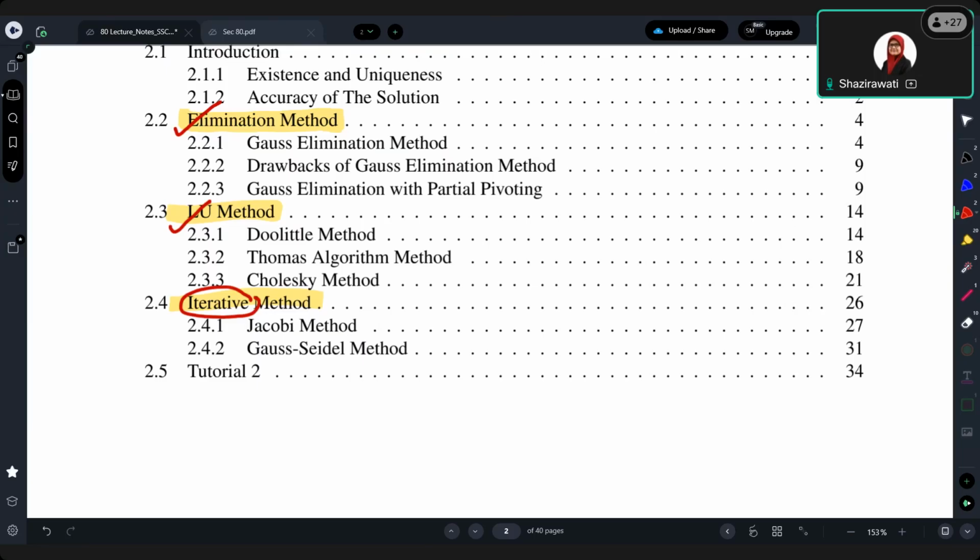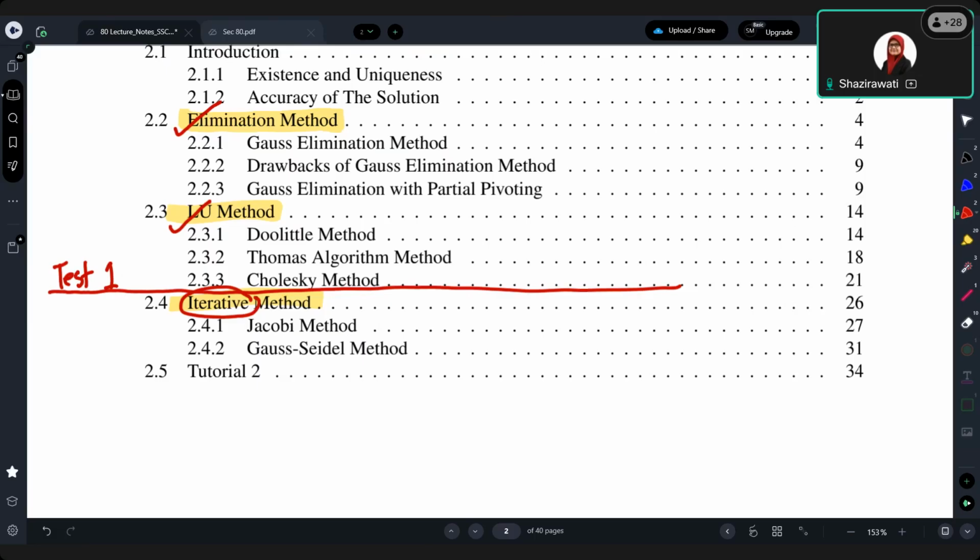Kalau you tengok poster yang saya dah bagi for test 1, your test 1 basically up to Cholesky. Test 1 punya scope lah sampai Cholesky. So the iterative method will be in the final exam. Walaupun dia akan masuk final exam, doesn't mean that you buat sambil lewa je hari ni.